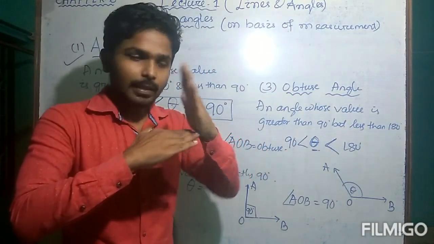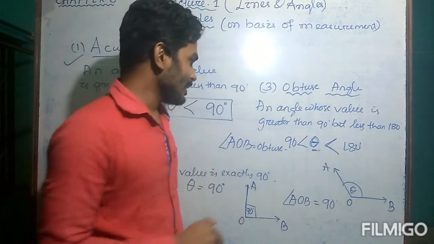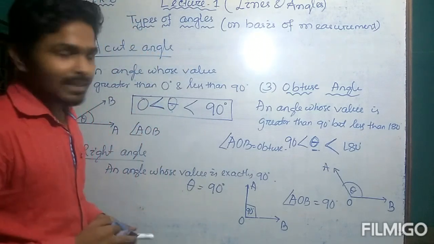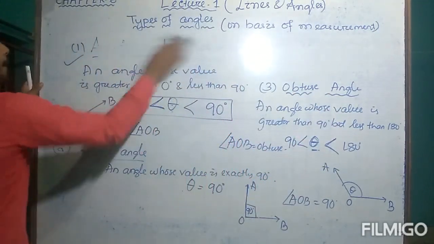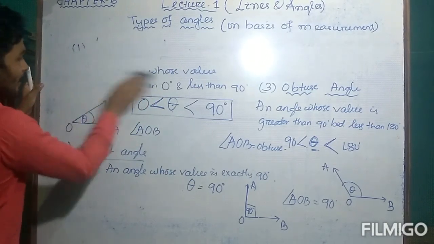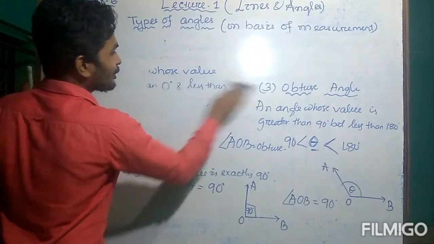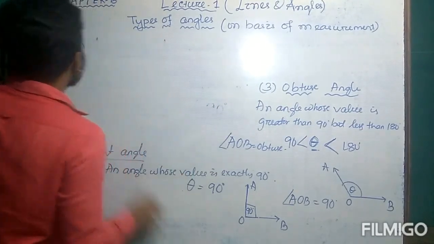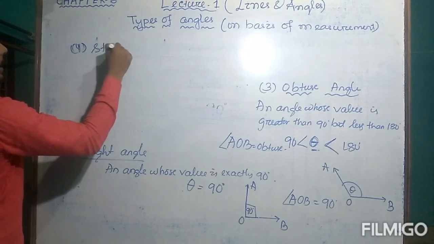This is acute, this is right, and this is obtuse angle. Understood? These are the three definitions. Let us talk about another angle that is known as, what is it? Straight angle. Okay. So our fourth angle is straight angle.